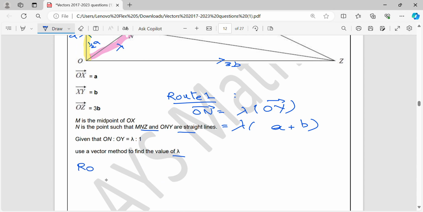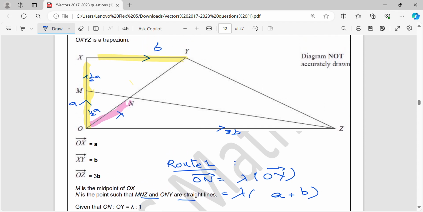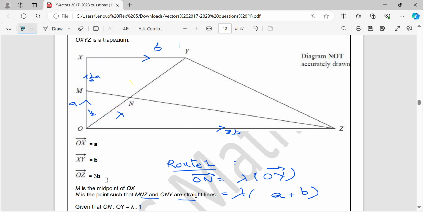Similarly, I will find out route 2. Once we get two routes, I can equate them. So route 2, same thing, ON. Let's take another route for ON. Okay, let me erase this line here and here. So that could be OM plus MN.